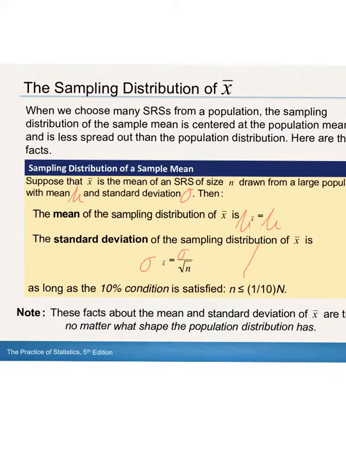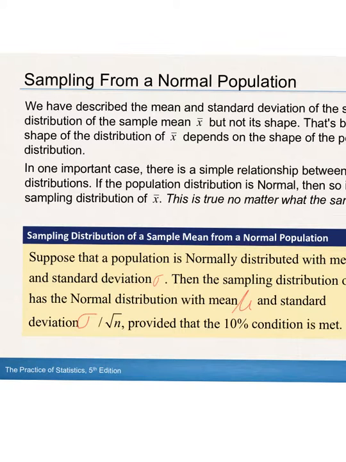Now remember, there were some interesting pieces about proportion, but these facts hold true for the sampling distribution of the sample mean, whether or not the population distribution is normal. Doesn't matter what shape it is.